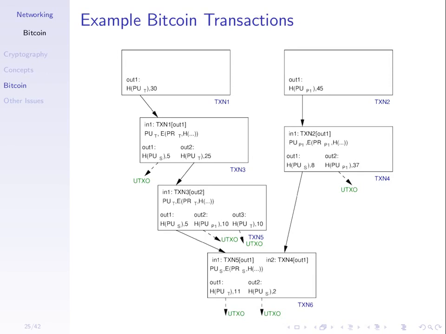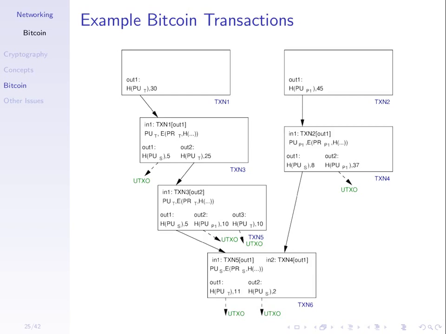And therefore we know that the amount coming in here is 25, because transaction 3, output 2, sent 25, and it's sent to Tanarak. Therefore we have 25 coming in, and it's signed using Tanarak's private key to prove that he's allowed to spend this. And he specifies 3 outputs. One of them, output 1, goes to Steve, PUS.